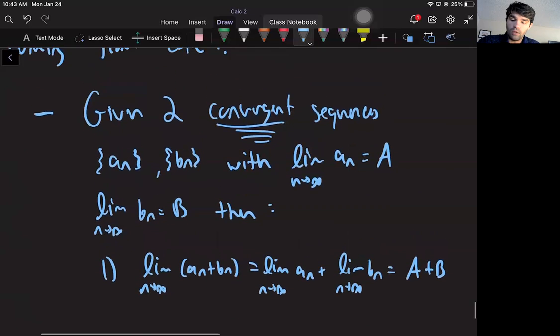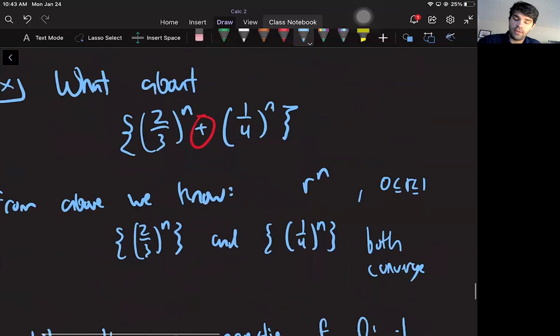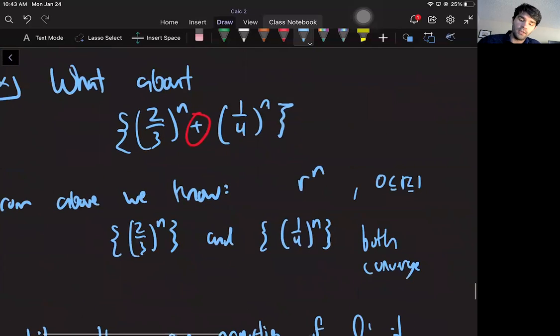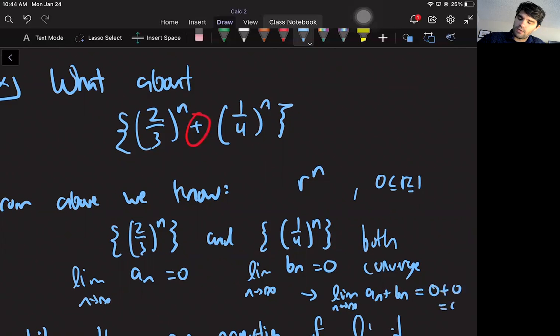So immediately we could go back to this problem and say that this converges to 0 because independently, if I call this one a_n and this one b_n, this goes to 0 because it's just fractions less than 1 shrinking down to 0. This one goes to 0 for the same reason. So then if I take the limit of them added together, I just add the limits and I get 0 plus 0 is 0.